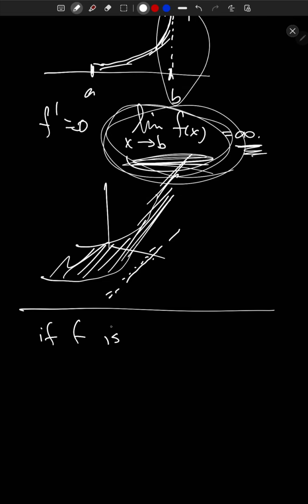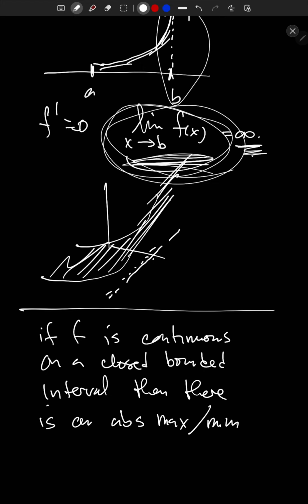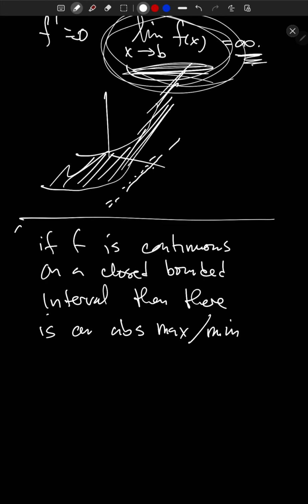If f is continuous on a closed bounded interval, then there is an absolute max and min. In one variable calculus, this was true.